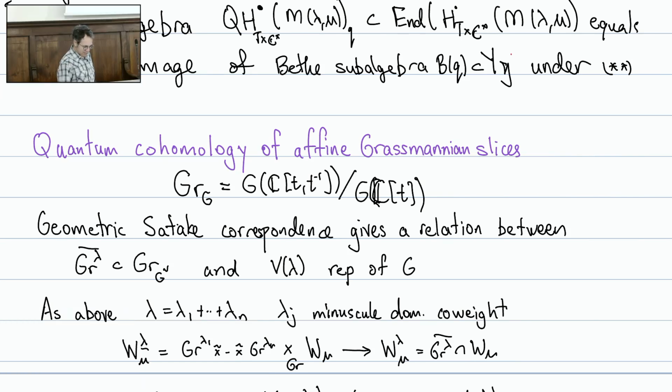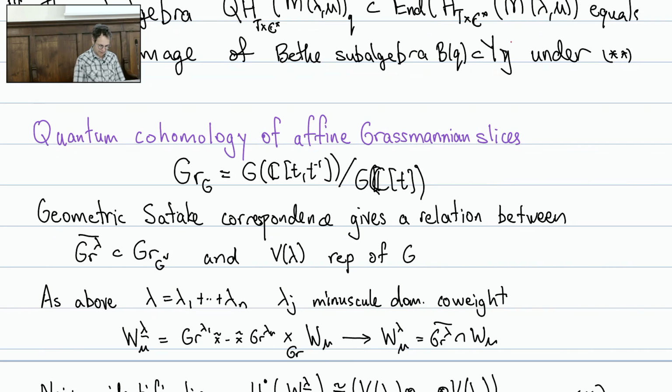But what is important is that this geometric Satake correspondence gives a relation between these subvarieties, Gr lambda bar in the affine Grassmannian, and these representations of the group G. This is where the Langlands duality comes in, in the sense that this lambda was originally a co-weight, and on the other hand, irreps we know are indexed by dominant weights. So we have to blur between co-weights and weights if we don't think about this Langlands duality.